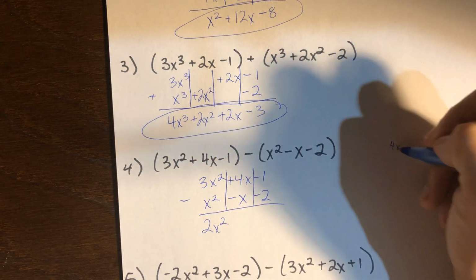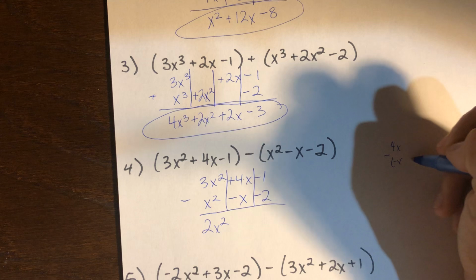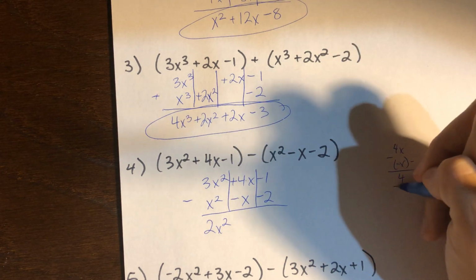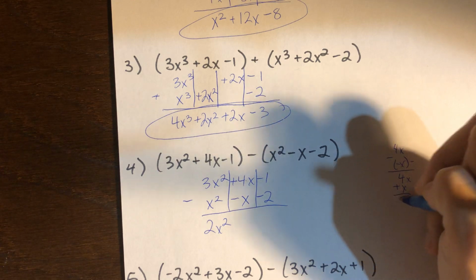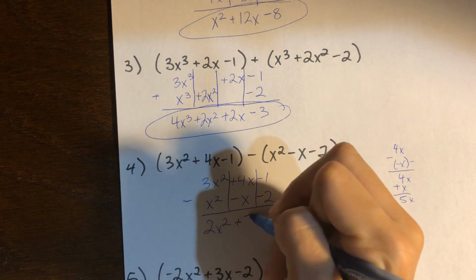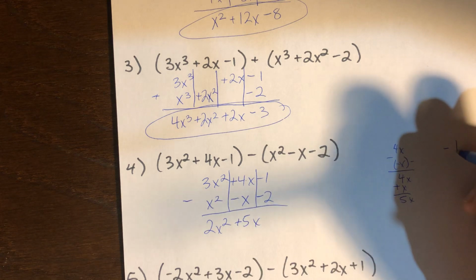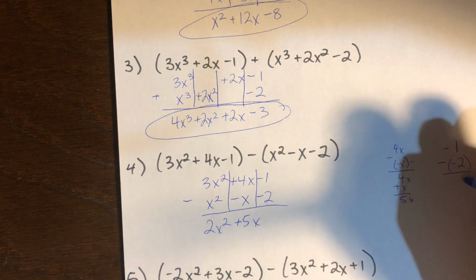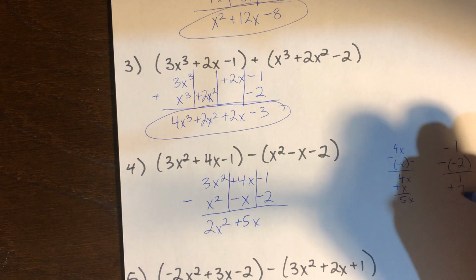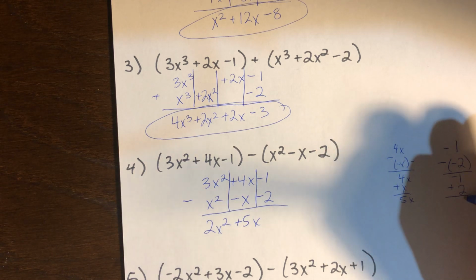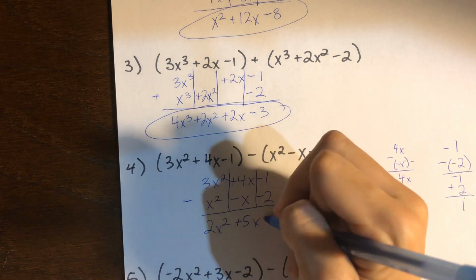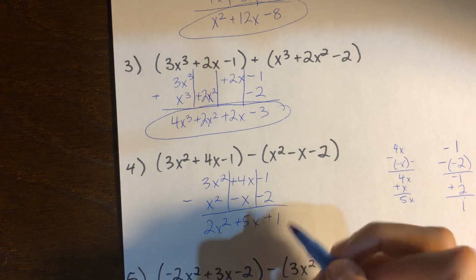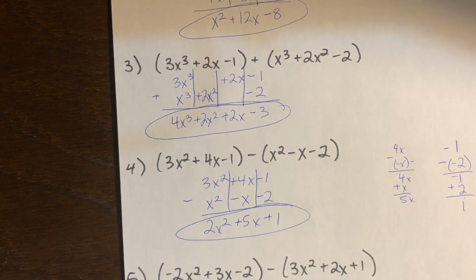So 4x plus x is 5x. Okay, and then a negative 1 subtracting a negative 2 turns into negative 1 plus 2. Negative 1 plus 2 is just 1. So plus 1. Okay, so this is our answer here.